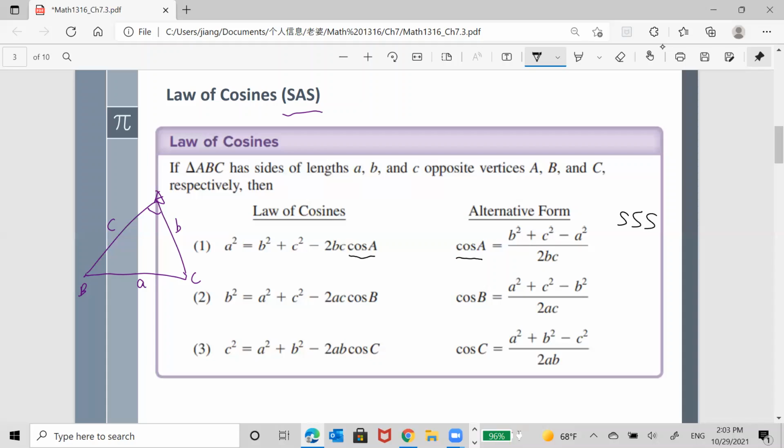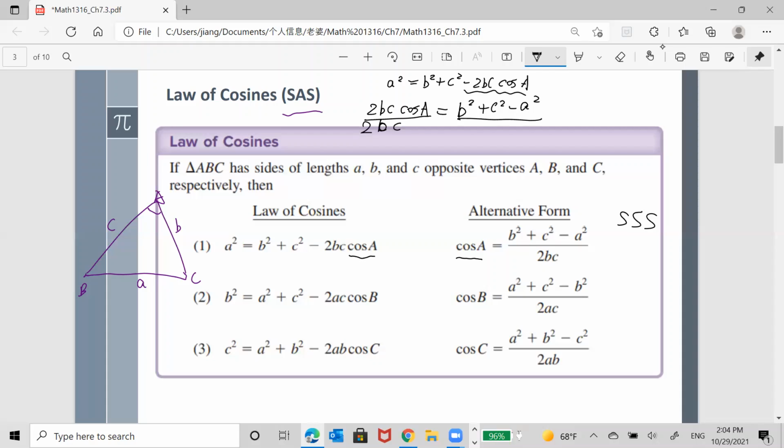Since we want to find cosine A, we can isolate cosine A. So a squared equals b squared plus c squared minus 2bc cosine A. I want to move this term to the left, so it becomes positive, 2bc times cosine A. And then move this term to the other side, that's b squared plus c squared minus a squared. To isolate cosine A, divide by 2bc.